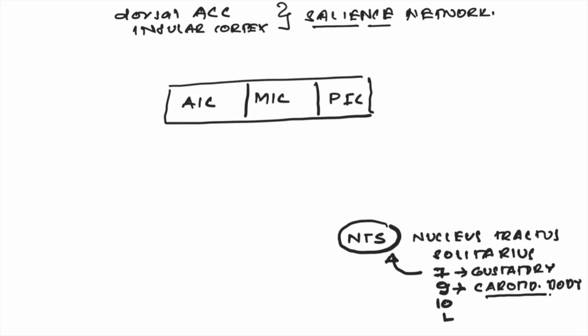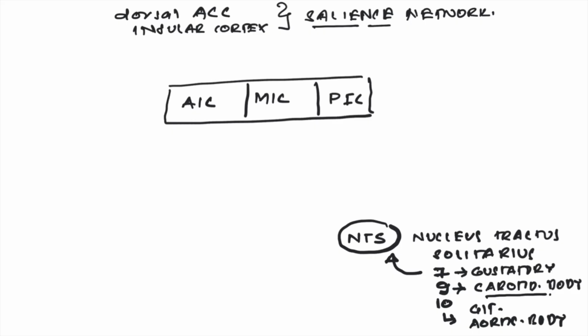Cranial nerve 10 is the vagus nerve, which also plays an important role in GI function. So it usually carries the GI signals. It also carries signals from the aortic body, right? Which also plays an important role in the cardiovascular and respiratory function, as we mentioned with the carotid body.